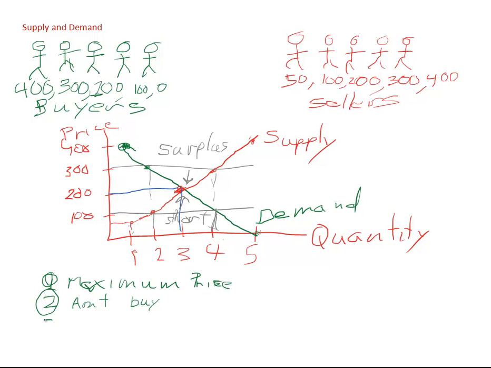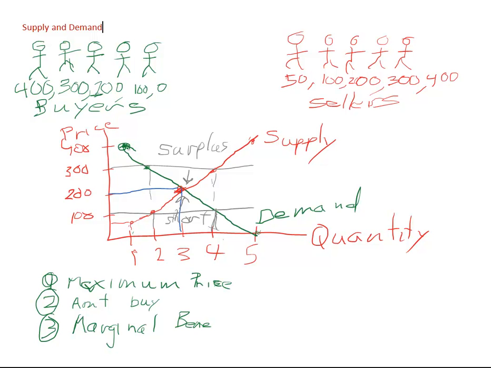And number three, it shows the marginal benefit. Marginal means additional.